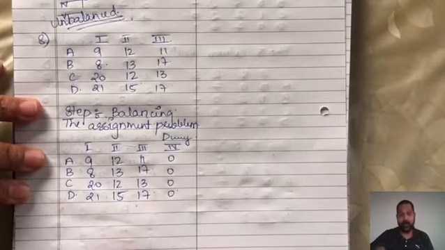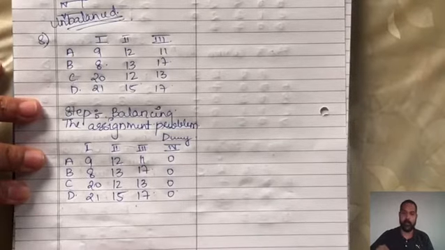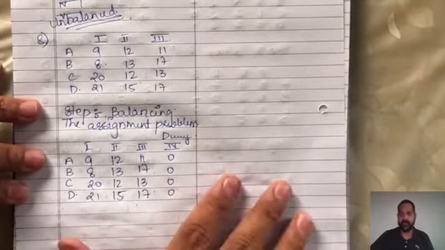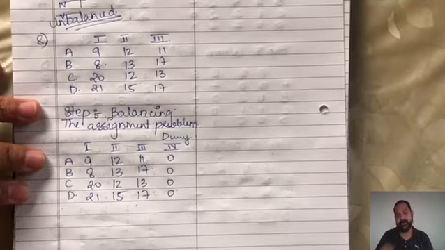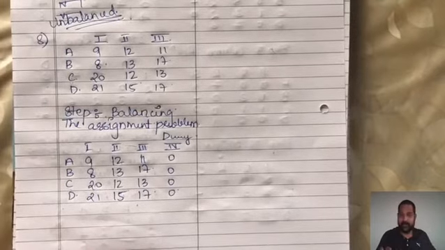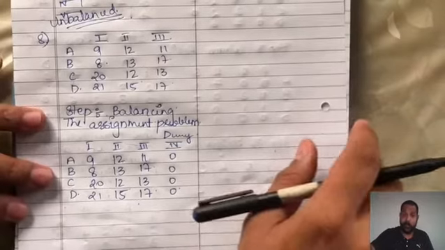And if the problem is now a balanced assignment problem, I can start solving it. How? Step 1 row reduction, step 2 column reduction, step 3 assignment. So I will begin by saying step 1.